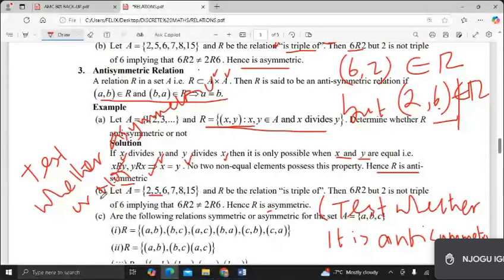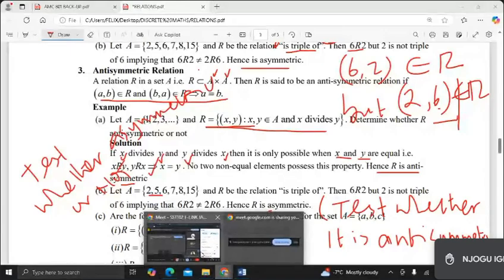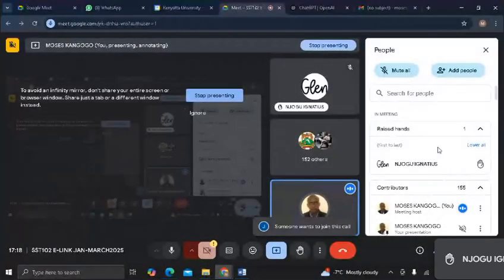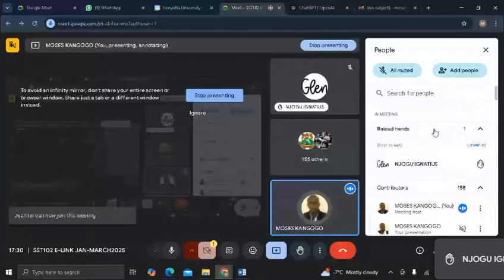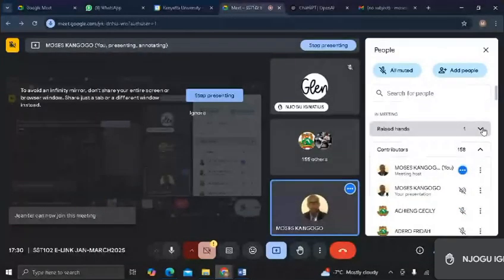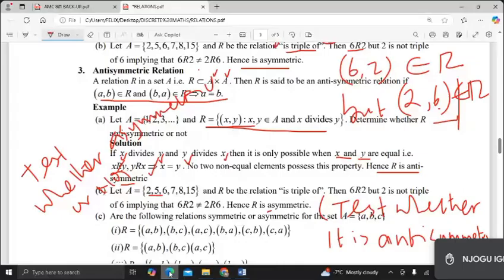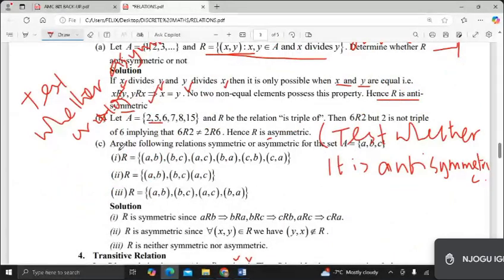In this case here, test whether it is antisymmetric. So in this B, test whether it is antisymmetric.